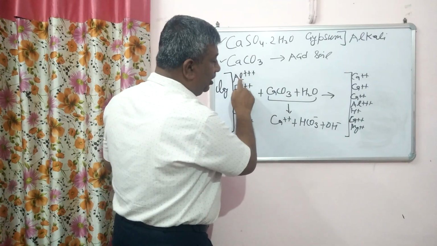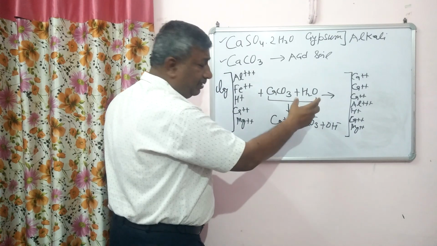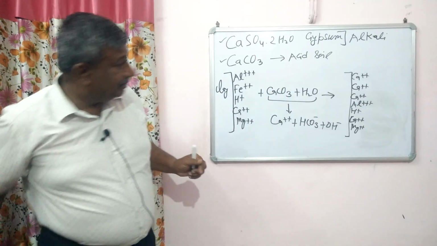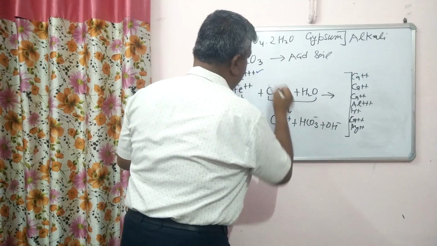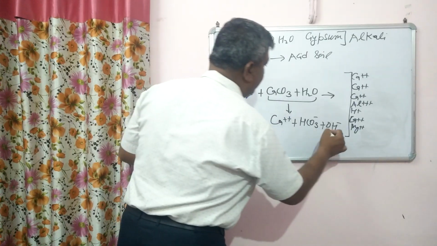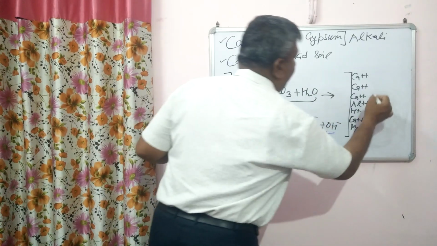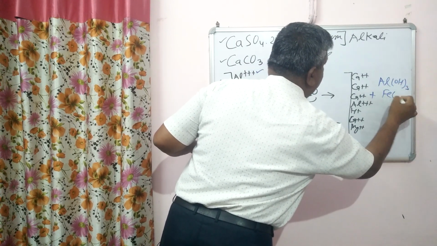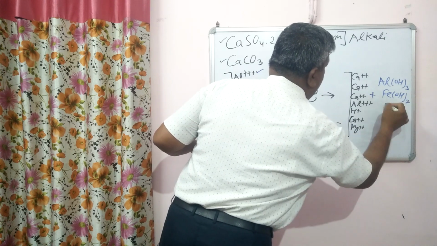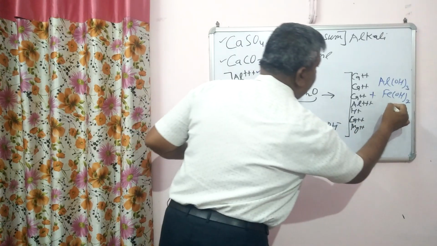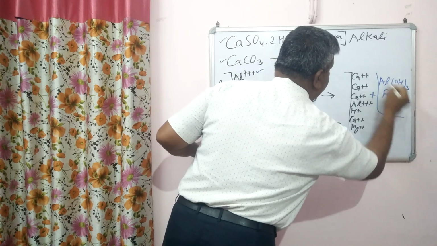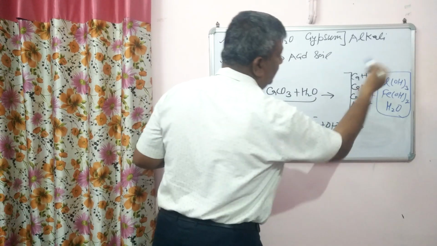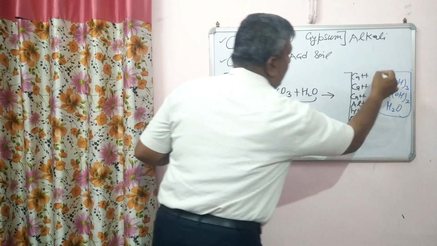Then the aluminum will react with the hydroxyl ion. The hydroxyl ion that is available here, you can see, reacts with aluminum, ferrous, ferric and hydrogen ion, forming aluminum hydroxide, ferrous hydroxide, ferric hydroxide and water. These aluminum hydroxide, ferrous hydroxide and ferric hydroxide are insoluble compounds. They are not water-insoluble in the sense that water is soluble; the compounds are insoluble.